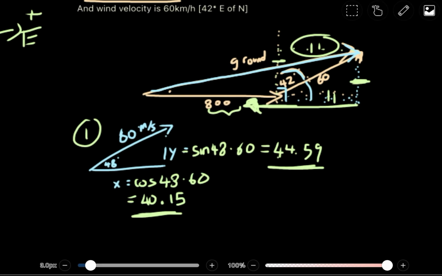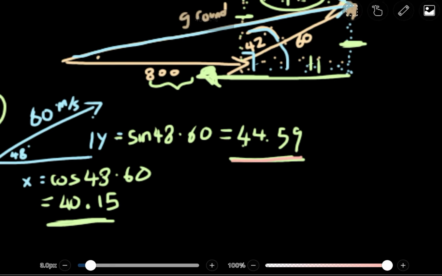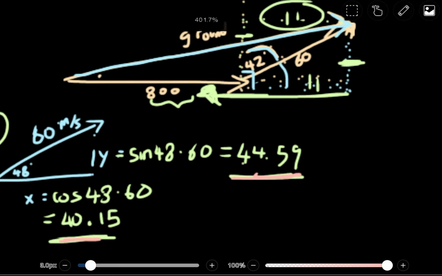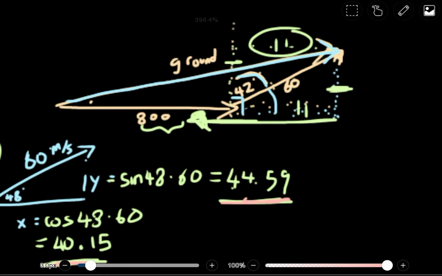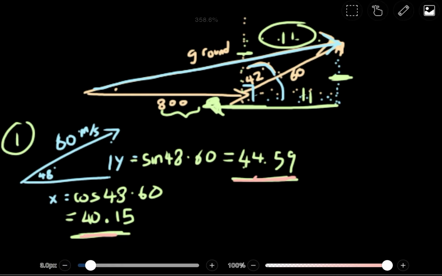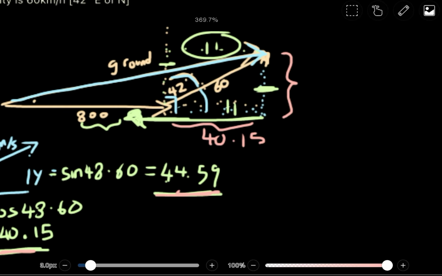Step two is to take a look at how these components connect to the bigger picture of the triangle that we have. So we found the x component, and we have the y component. Is it looking familiar?